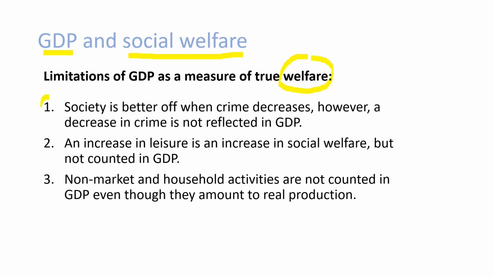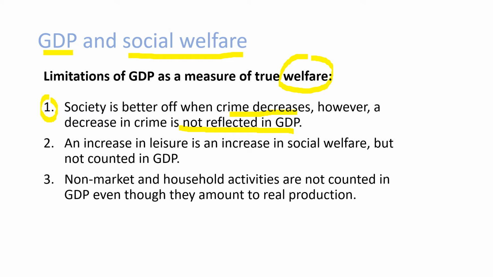The first limitation is that society is better off when crime decreases. However, a decrease in crime is not reflected in GDP. So crime is a major part of every society, and having less crime in our society has a positive impact, right? And it increases social welfare.